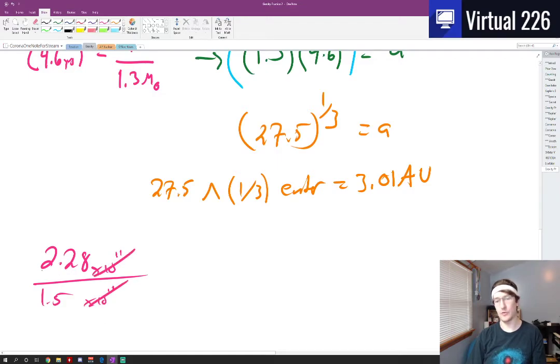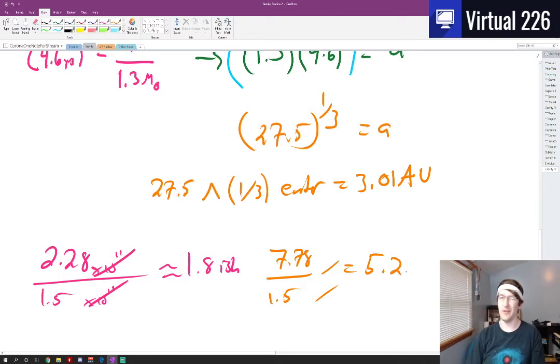So we get rid of those. 2.28 divided by 1.5 is only about 1.8-ish or something like that. So it's not Mars. If we do the same thing with Jupiter, Jupiter is a distance of 7.78 times 10 to the 11th divided by 1.5 times 10 to the 11th, so the times 10 to the 11th go away. This is about 5.2-ish, I believe. It's like 5.18. So it's not Jupiter. But what's between Mars and Jupiter?